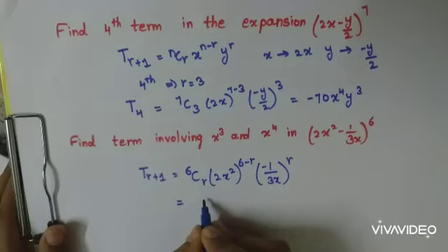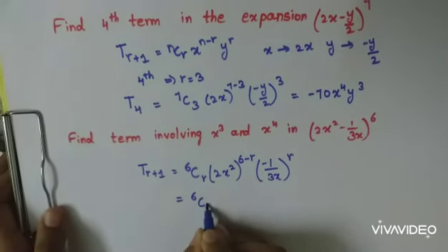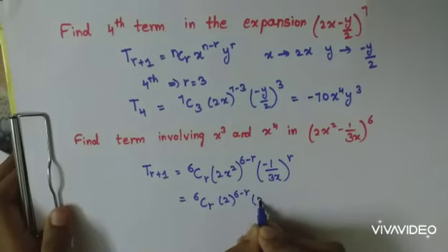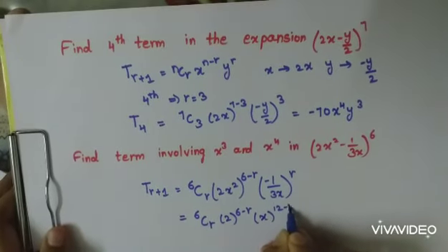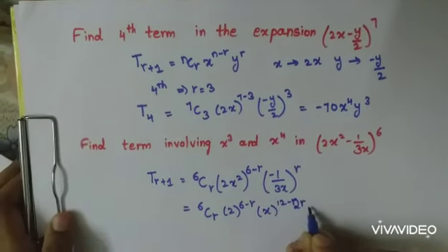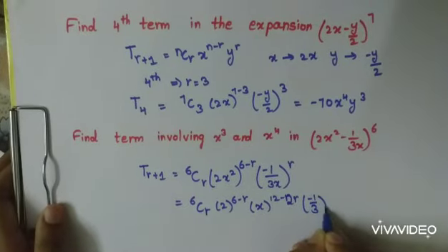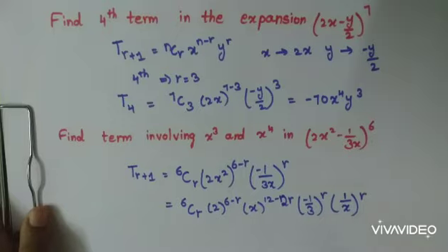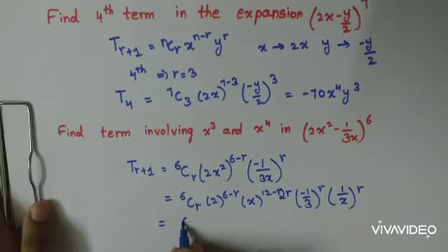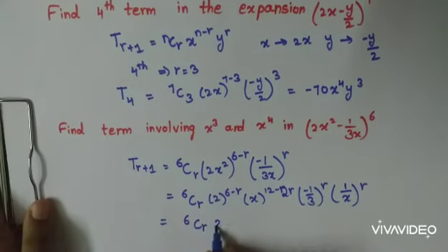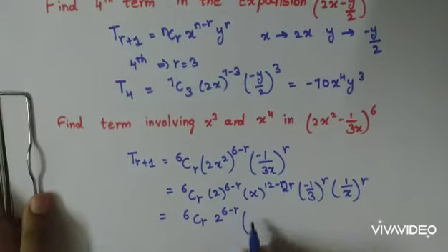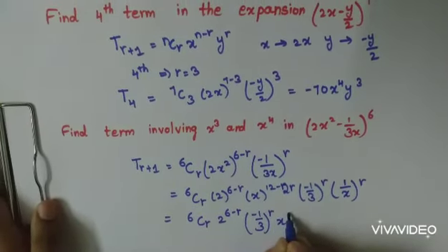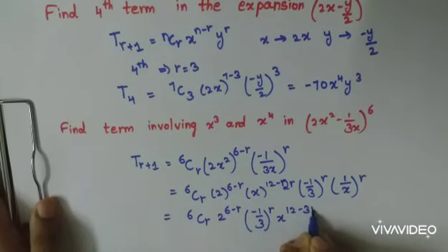If we simplify further, we get 6Cr 2^(6−r) x^(12−2r) (−1/3)^r (1/x)^r. This gives 6Cr 2^(6−r) (−1/3)^r x^(12−3r).